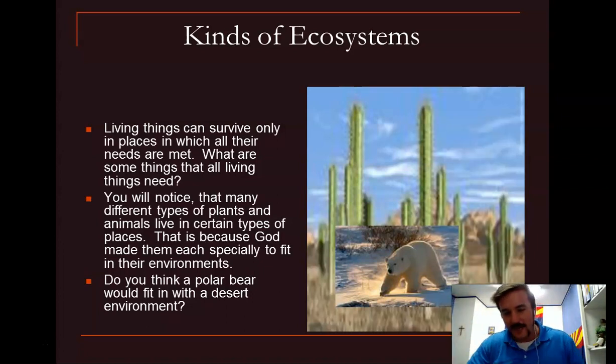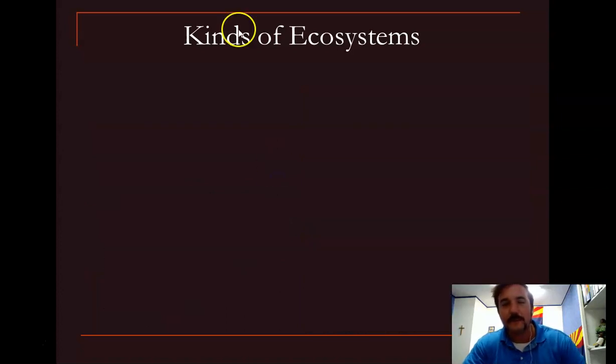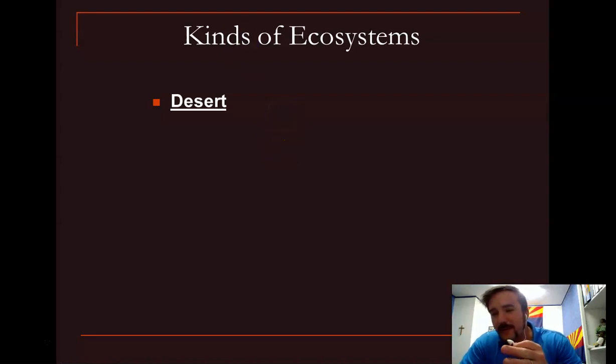But here's where your assignment is going to come into play. Thinking about each ecosystem, I think the book is going to help you as well as these pictures. You're going to need to write down one plant in each ecosystem. Some plants you might find in a lot of different ecosystems, but be careful, because some plants you're not going to find in every ecosystem.